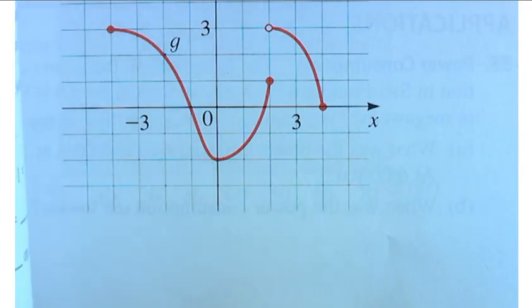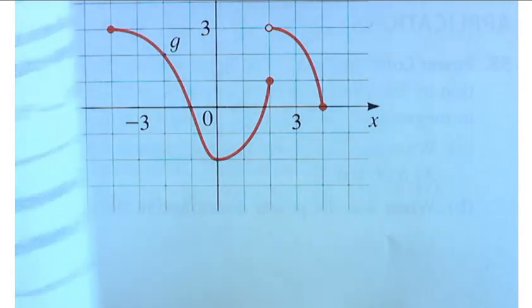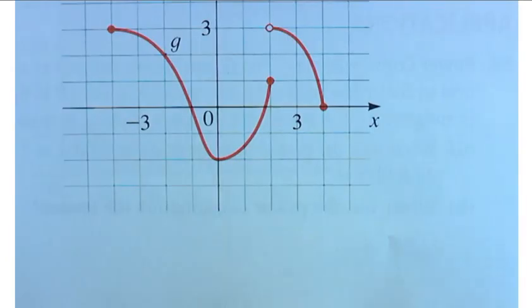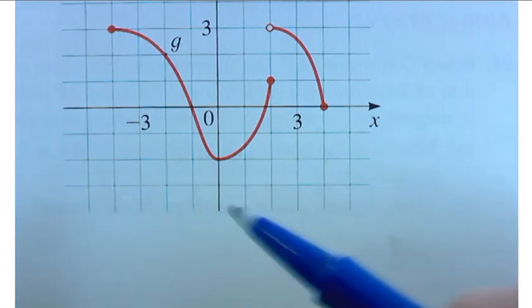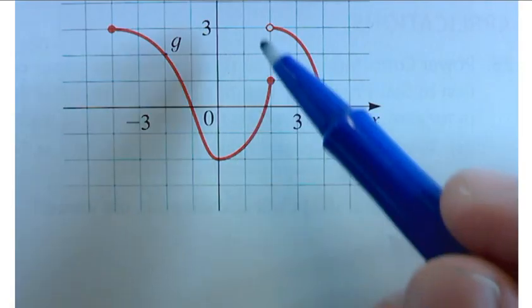How about the range? Someone else for the range. Shout out for the range. Good. Negative 2 to 3.